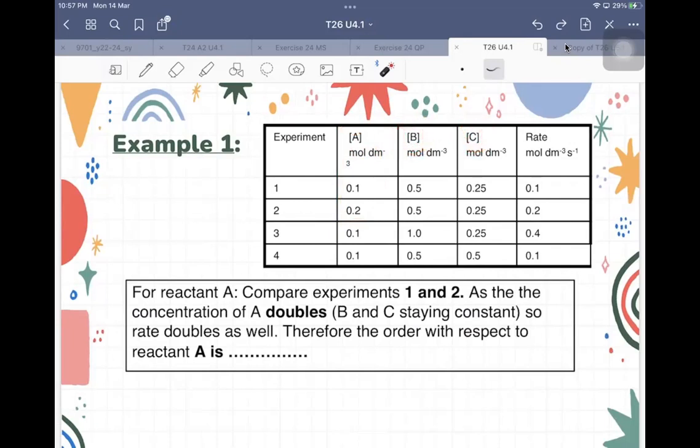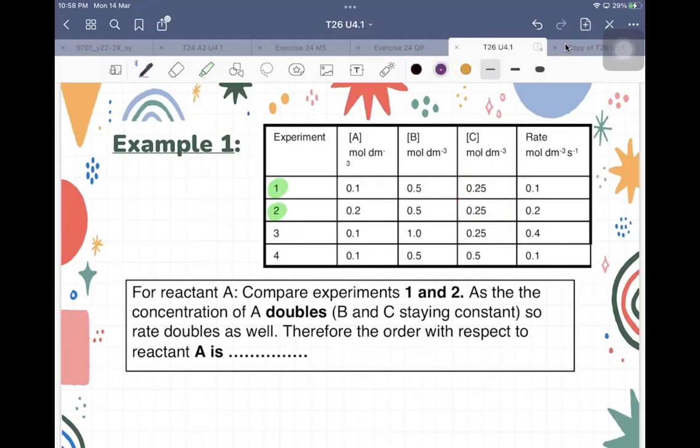And if you look at experiment 1 and 2, the difference is that the concentration of A has been doubled, increased by 2, but keeping the concentration of B and concentration of C the same. So even though there are 4 experiments, we only want to look at experiment 1 and 2 for now. So I will just highlight experiment 1 and experiment 2.